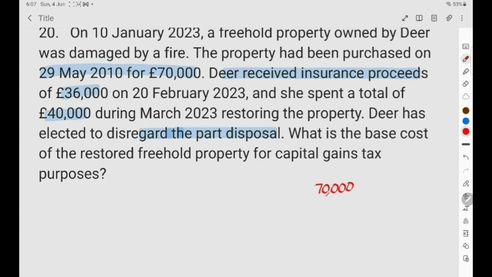Then the amount received from insurance company, 36,000, would be deducted. This is original cost. This is insurance proceed.